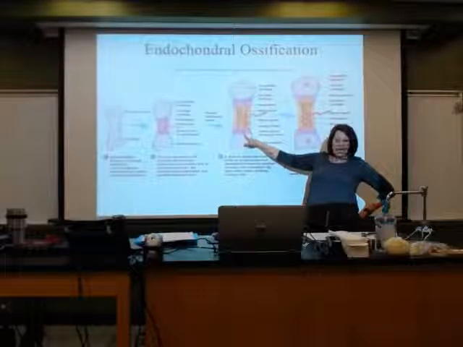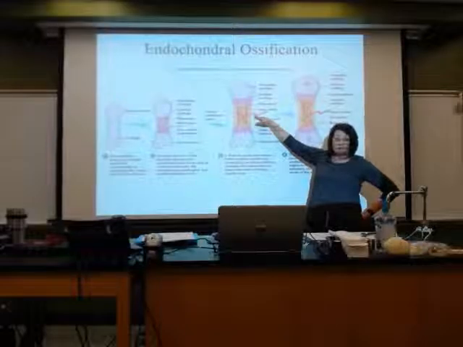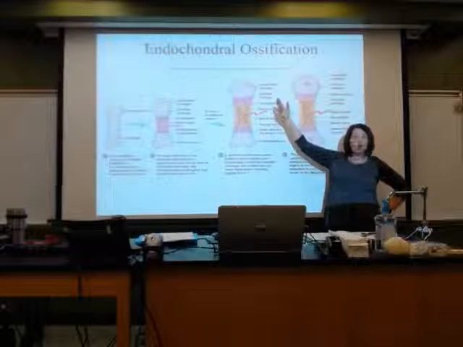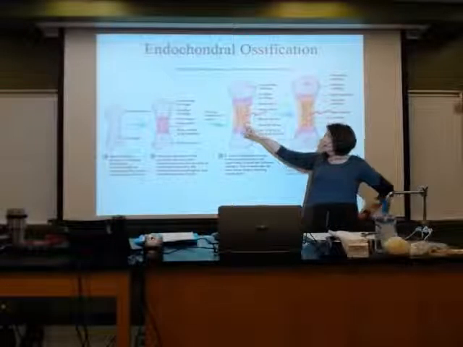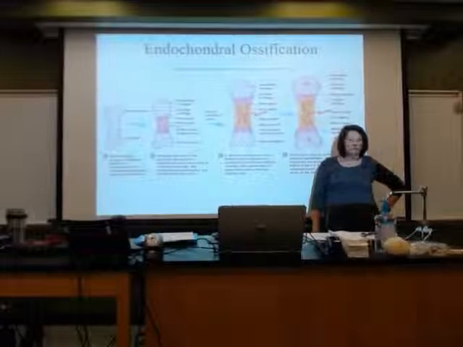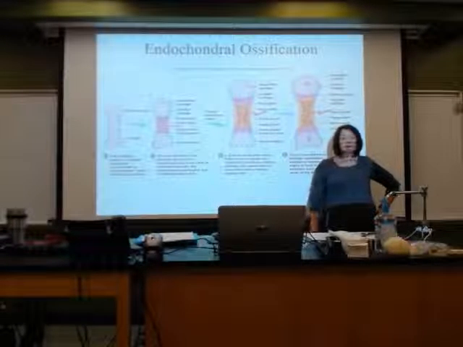The cells are now being taken over and are becoming bone, and in the middle of our long bone, well, a lot of the bones in the body, we get spongy bone that shows up, and compact bone surrounds the spongy bone.